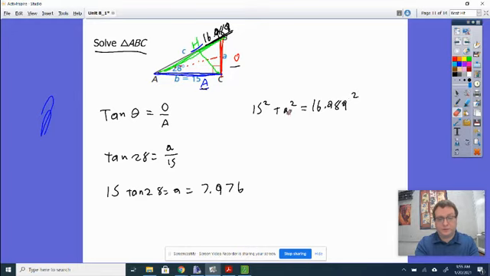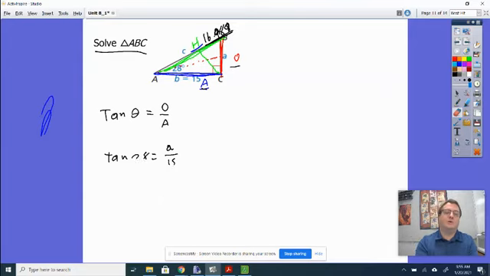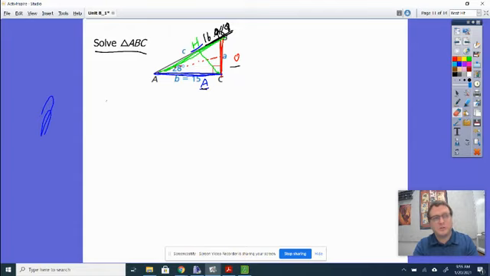Okay. Now, we're almost done, believe it or not. We got the two sides. Sides are the hardest, or most challenging, I should say. Angles are easy because once you know two angles, the thing to remember with triangles is the angles of the triangle always add up to 180.